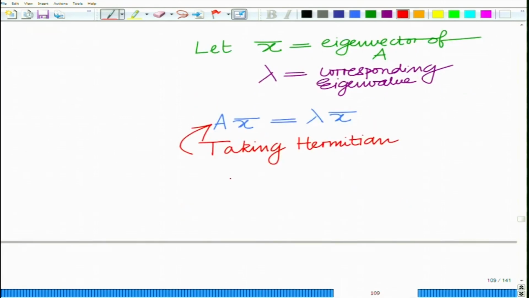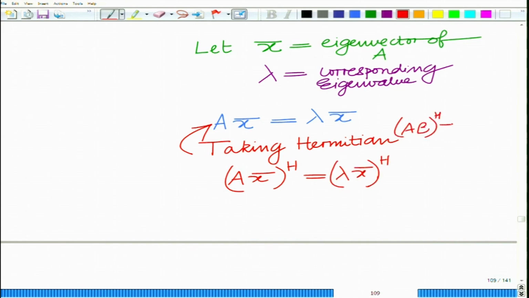So, we have now (A x bar) Hermitian equals (lambda x bar) Hermitian, and we will use the property of the Hermitian of a product of two matrices. So, (A B) Hermitian is B Hermitian times A Hermitian.